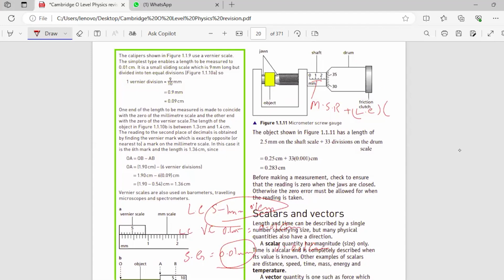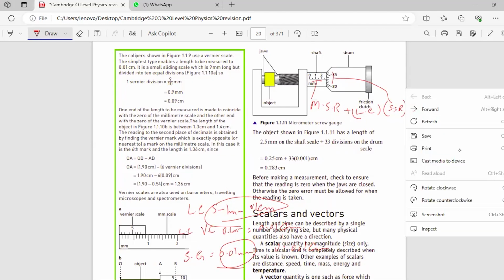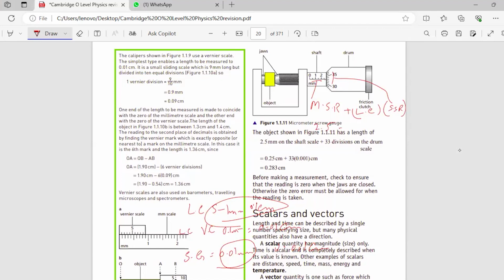The reading on the screw scale is called the screw scale reading. Once we take the reading, the main scale reading over there is 2.5. That main scale reading is 2.5 plus the least count, which is standard. We must remember that one.